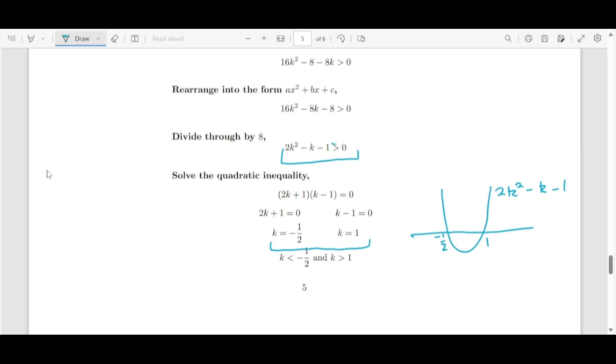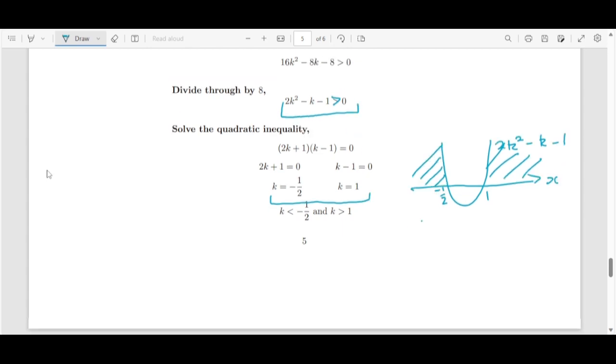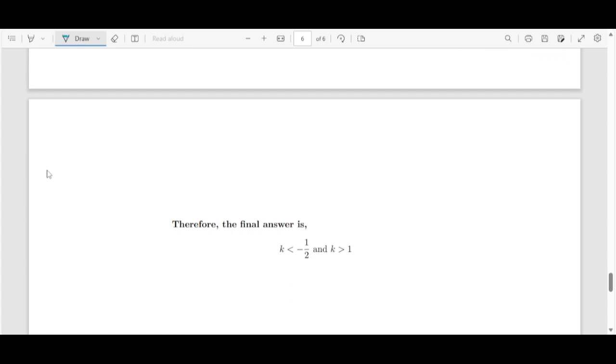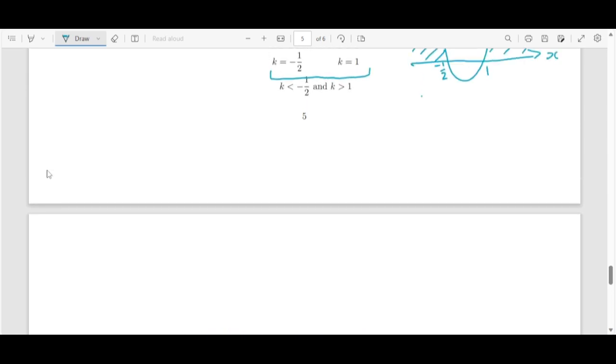Since here we have a greater than sign, it means we want the region where the curve is above the x-axis. So that will be these 2 regions, which is k is less than -half and k is greater than 1. So that will be your final answer. K is less than -half and k is greater than 1.